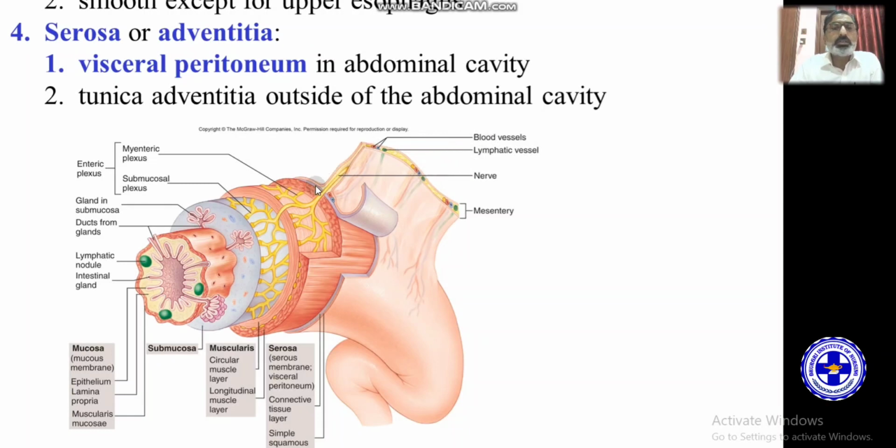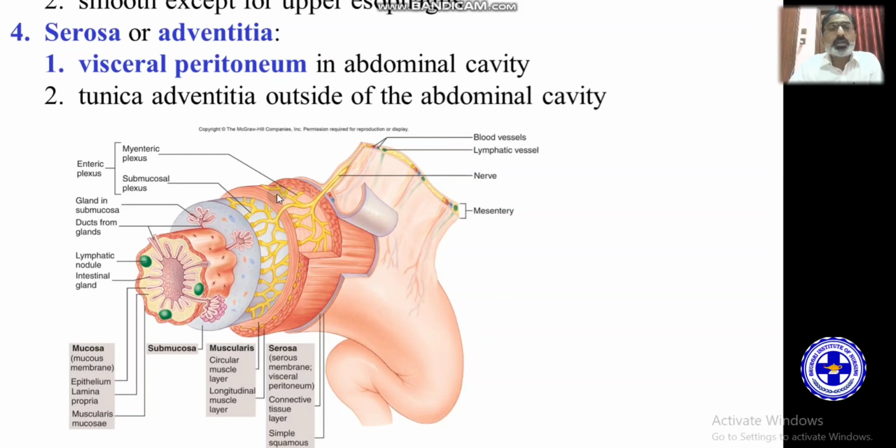These nerves enter into the wall of the gut, in between the muscle layers, and in between the muscle and mucosa, meaning the submucosal part of the GIT. Here they form a plexus, a network of nerves in the wall of the GIT, and there are two types of networks.